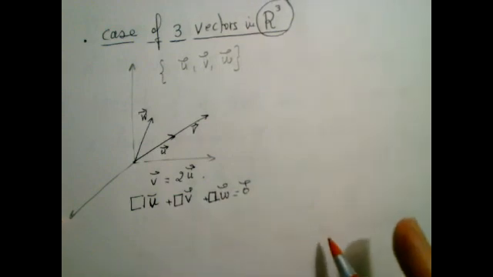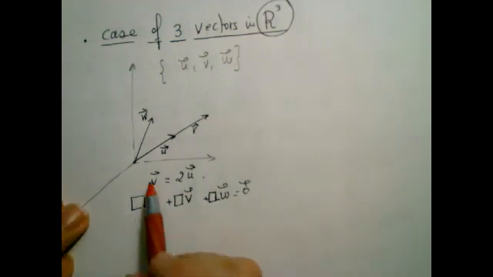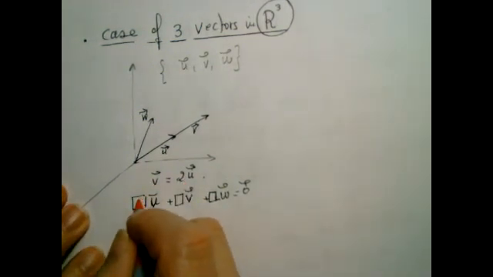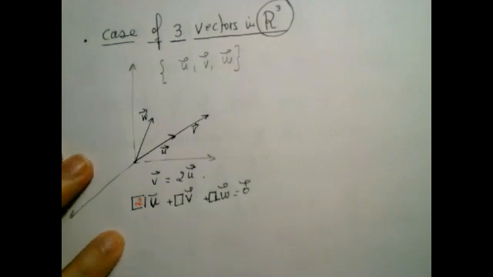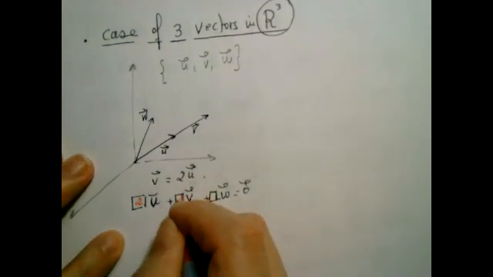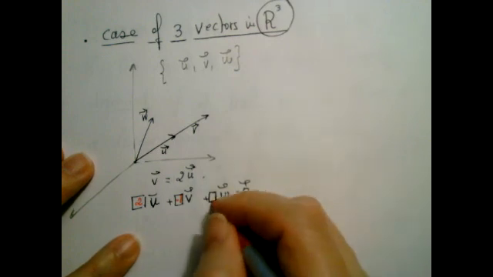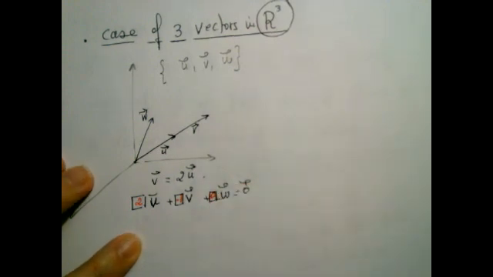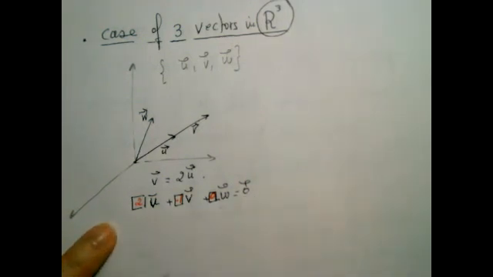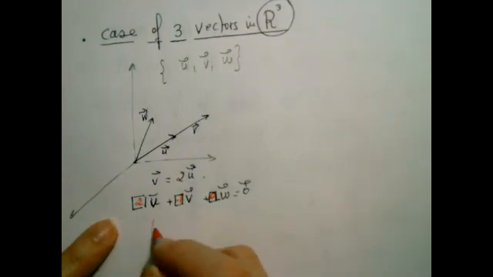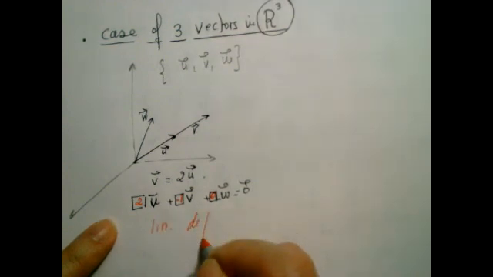Not all of them have to be non-zero. Based on this, if I put a 2 in here, and a -1 in here, and a 0 in here, then this is equal to 0 because 2U minus V equals 0. And the condition for linear dependence, I didn't say all of them have to be non-zero, at least one of them has to be non-zero. So those are absolutely linearly dependent.